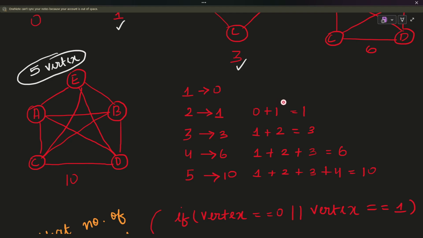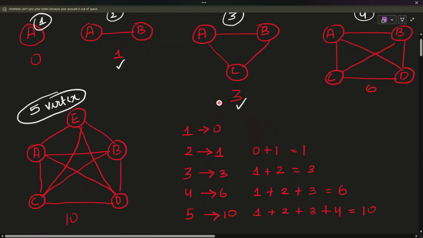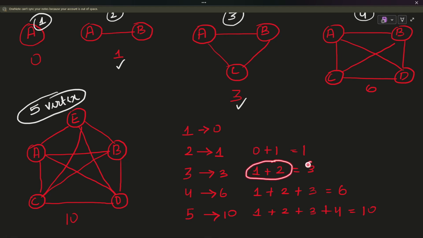For 2 there will be 1, which is 0 plus 1. For 3 there are 1 plus 2, which is 3. For 4 there are 6, so we can write 1 plus 2 plus 3, which is 6. For 5 we can write 1 plus 2 plus 3 plus 4, which is 10.